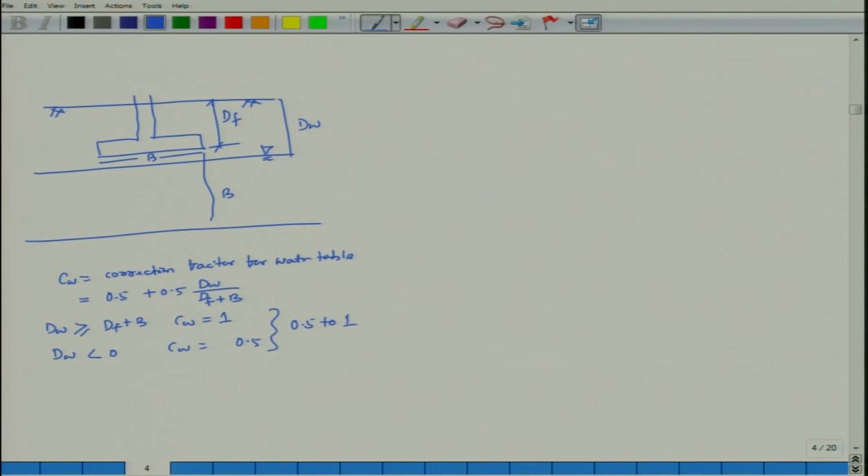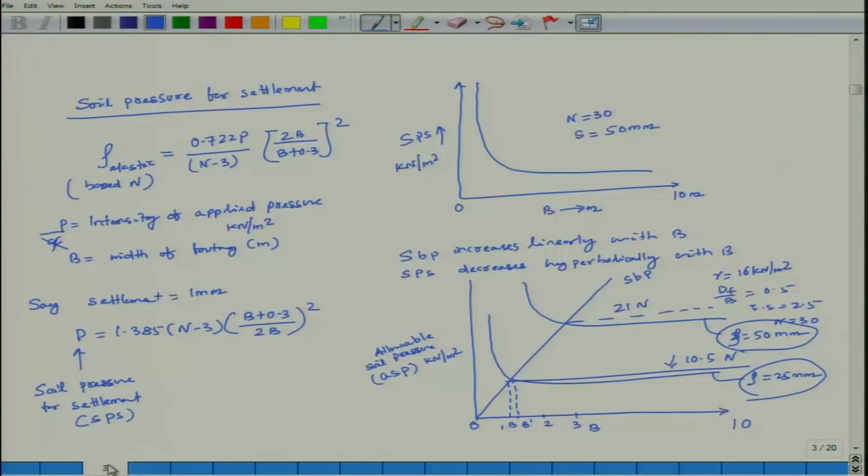Another most important part, try to understand another most important part. So, this is required for designs because for sand it is based on your SPT N, nothing else.